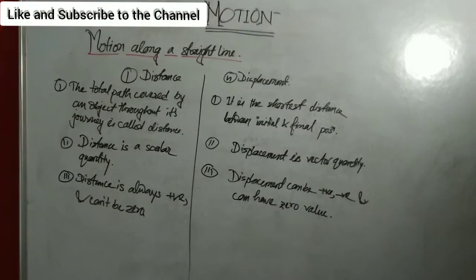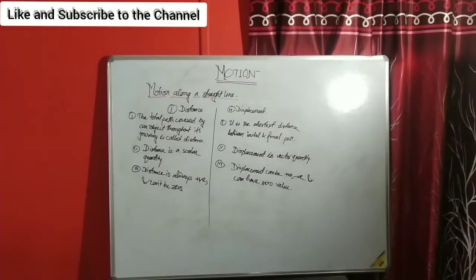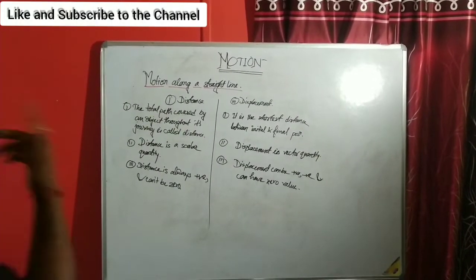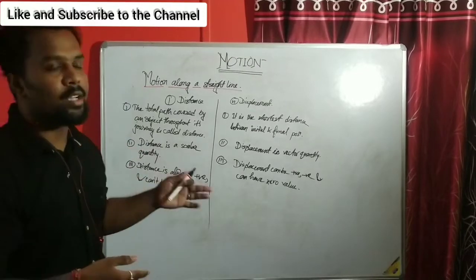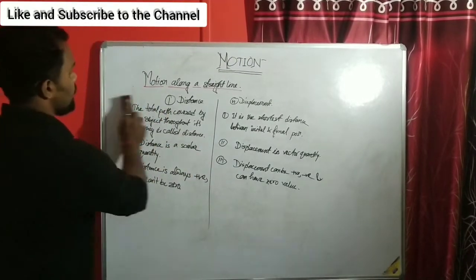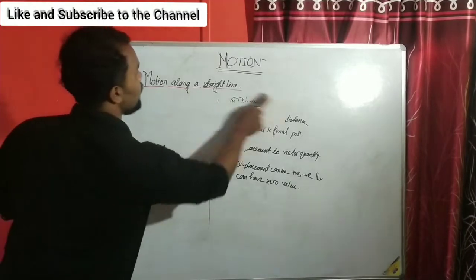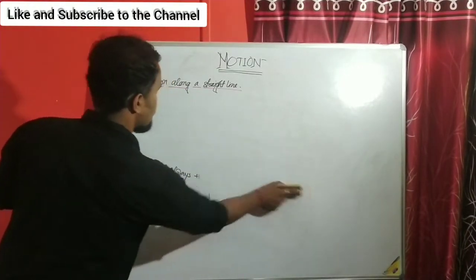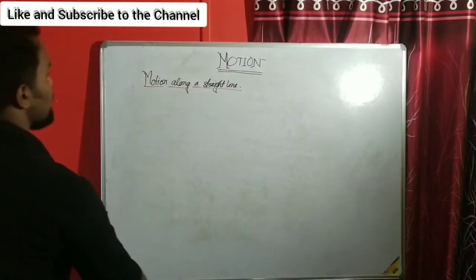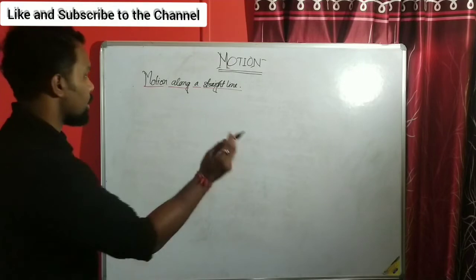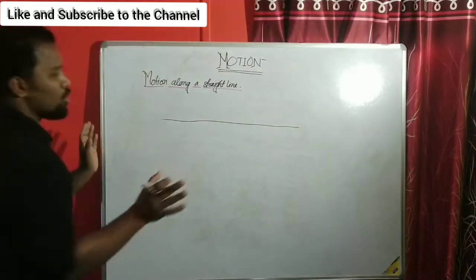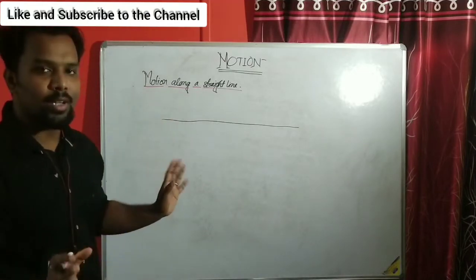Now we will consider an example to understand this properly, how motion in a straight line can be shown. Just wait a minute, I will first erase this. Since we are dealing with a straight line, first I will draw one straight line. Though it is not a proper straight line, just consider it as one.